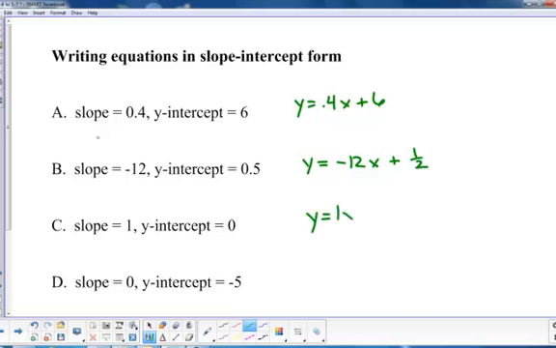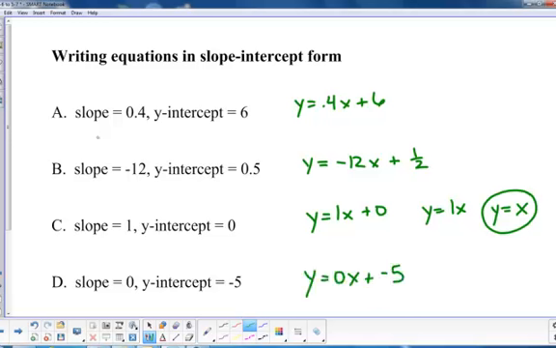Your slope is 1, and your y-intercept is 0. You could just write that as y equals 1x. You could just write that as y equals x. All of those are the same. That's probably the easiest way to write it. Your slope is 0. Your y-intercept is negative 5. Probably easier to just write that as y equals negative 5.